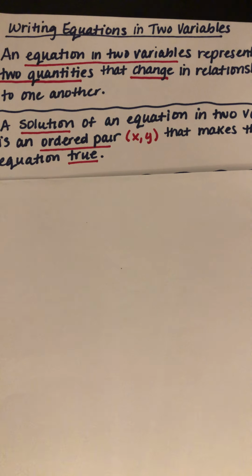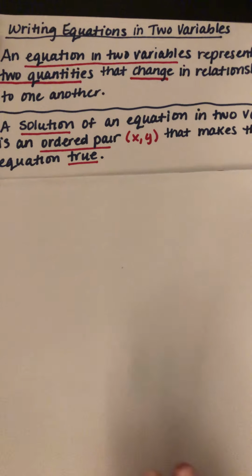So when we're checking our answer with the one variable, we had to go through all that work to make sure that one side equaled the other side. For example, 5 equaled 5, right? That makes it true and it makes it correct. So now we're going to use ordered pairs, and that's going to help us.